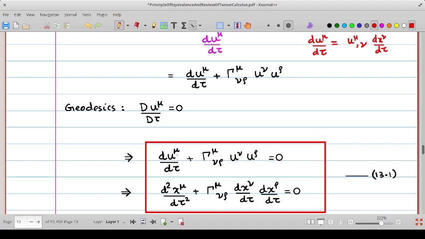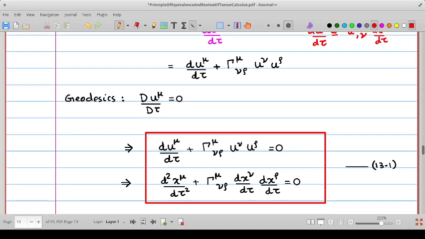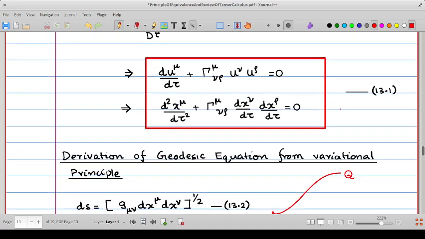Now writing u^μ as dx^μ/dτ, we get the second equation. That is the second derivative of x^μ with respect to τ plus the same Christoffel symbols, but u^ν can be written as dx^ν/dτ, and this quantity is dx^ρ/dτ. That should be equal to 0. So this equation, equation 31.1, is the geodesic equation, an equation representing geodesics in the curved space.